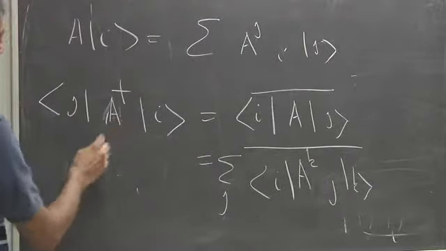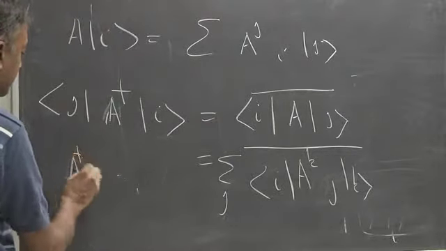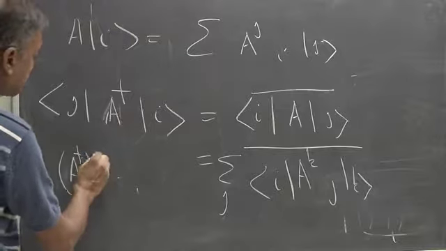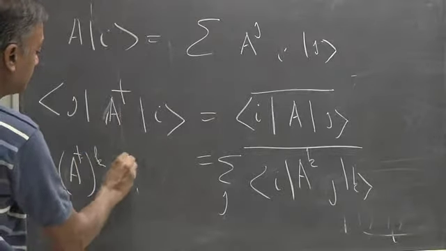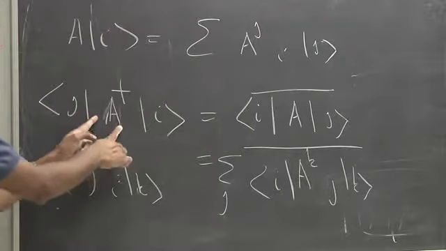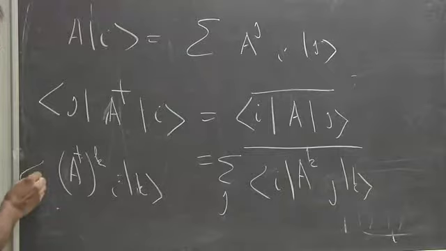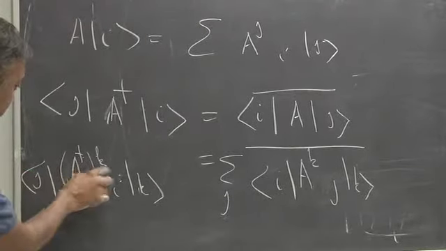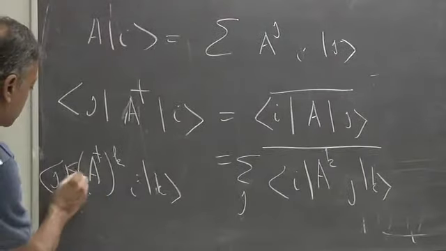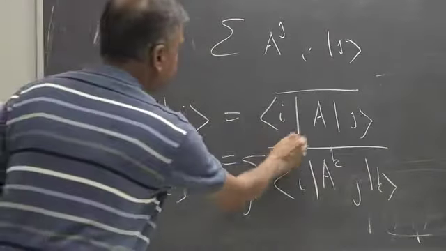The left hand side again will define what the matrix elements are. So this will be the sum over k of A dagger_ki e_k, and then I look at e_j. So this is the left hand side, that's the right hand side.